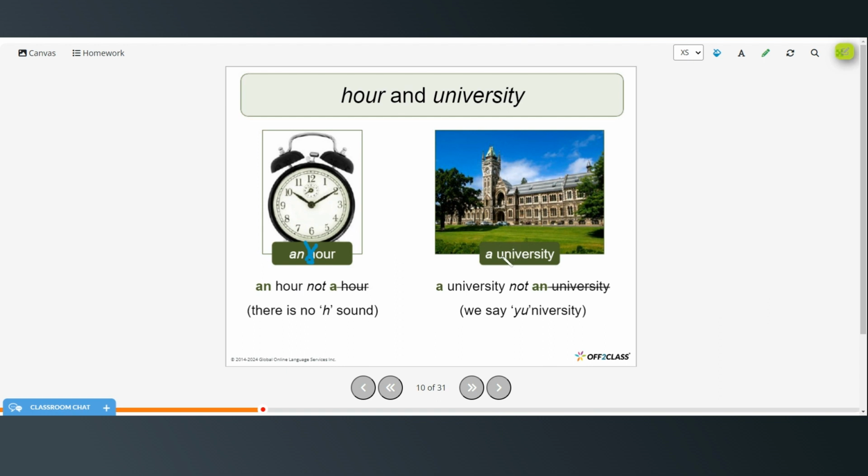The same thing with university. Even though U is a vowel, the sound is like a Y at the beginning, university. So we would say a university because it's a Y sound rather than a U sound at the beginning.